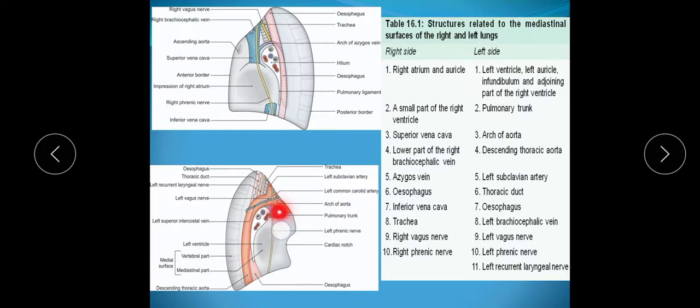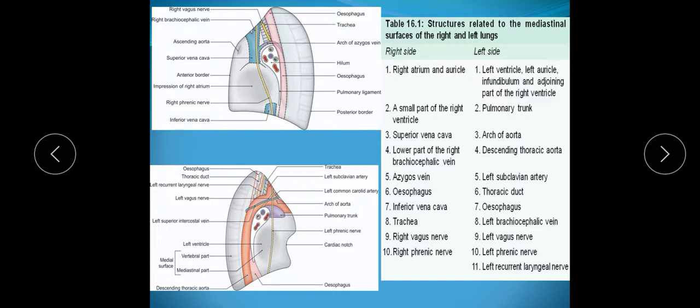Then the pulmonary trunk, arch of aorta, descending thoracic aorta, left subclavian artery, thoracic duct. This beaded structure is the thoracic duct. Trachea, and the pink one is the esophagus. Then the left phrenic, left vagus, and left recurrent laryngeal nerve.